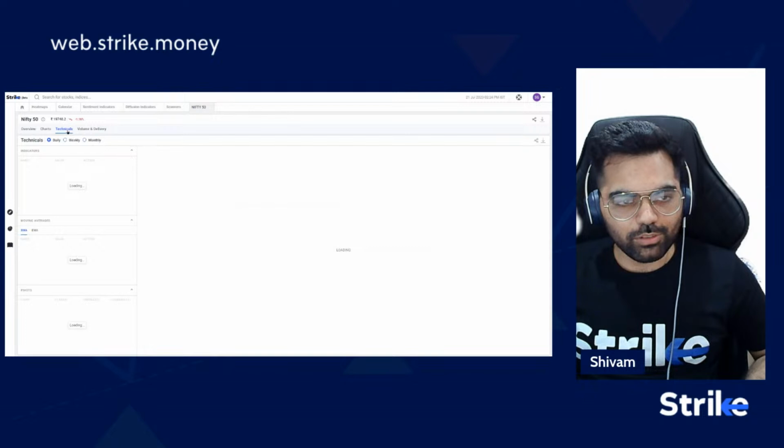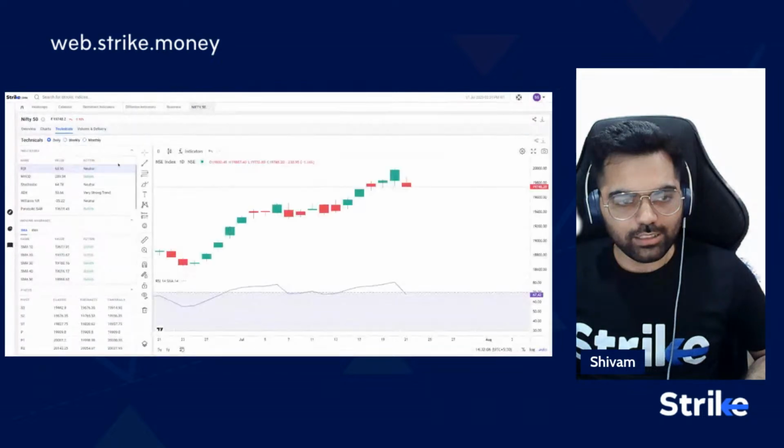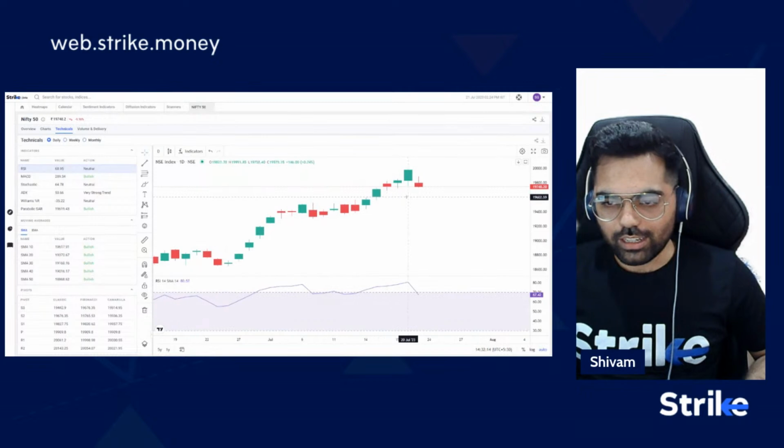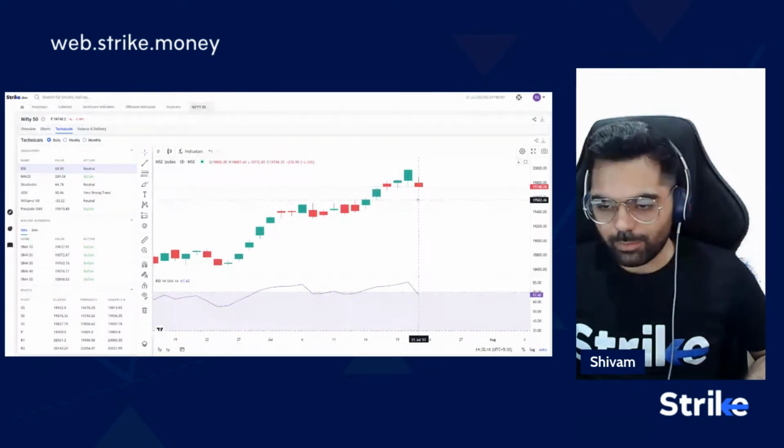So I'll jump to the technicals to have a look. In yesterday's stream, we observed that the RSI indicator was at 80, hinting at a short term overbought level. Just in one day, it has dipped back to below 70 levels.